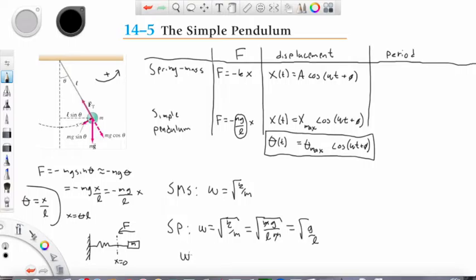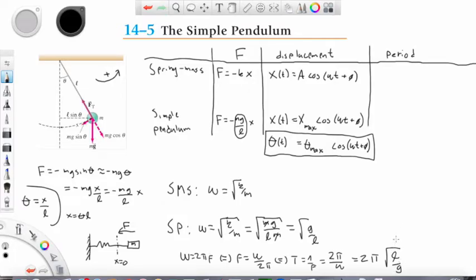Omega is always also 2 pi times frequency. So frequency is omega over 2 pi, which means that the period, which is 1 over frequency, is 2 pi over omega. And plugging in the value for omega here, we get for the period 2 pi times the square root of L over g.